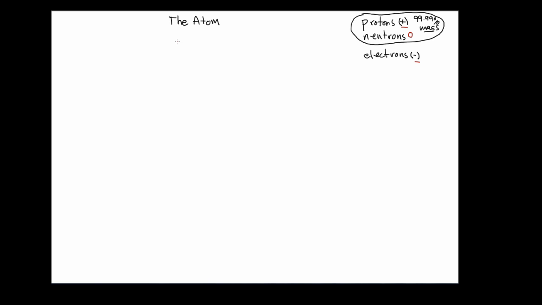Now let's take a look at an example here where we compare two identical atoms of the same element. All right, and the one I'm going to focus on is going to be carbon. So if you glance at a periodic table, most periodic tables are going to look like this. If we take the box out of the table and we glance at it, the number that is above the atomic symbol is what we call the atomic number.